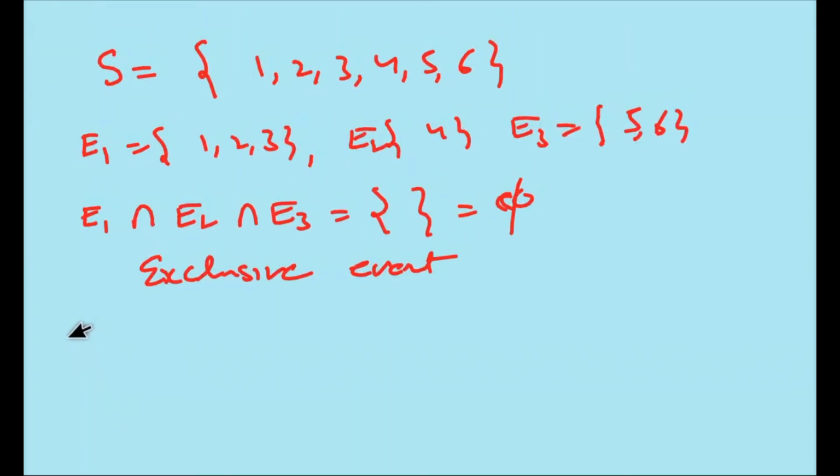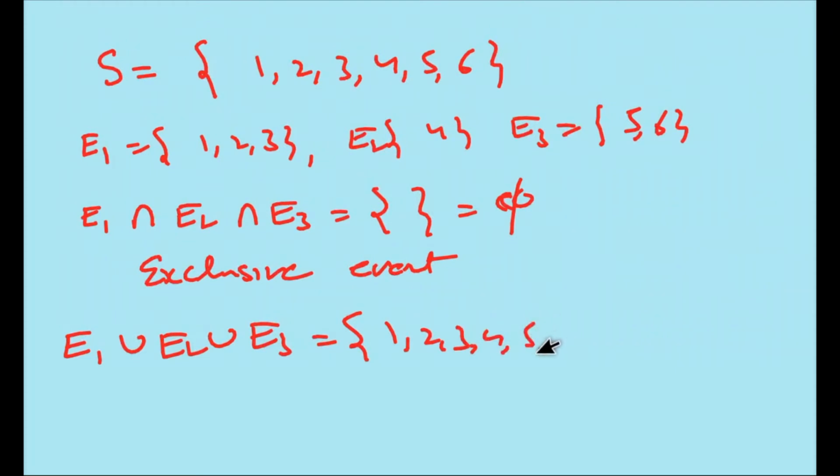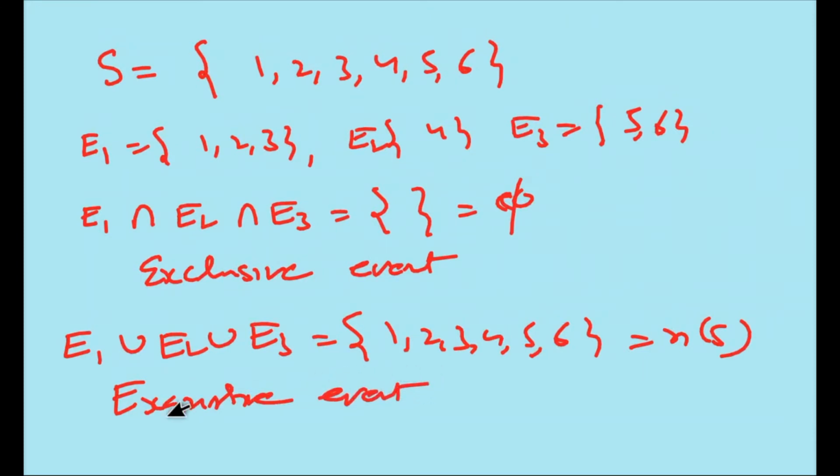Now you can see here also E1 union E2 union E3 is 1 2 3 4 5 6, equal to the sample space. Then these events are known as exhaustive events. These are two very important kinds of events, exclusive and exhaustive.